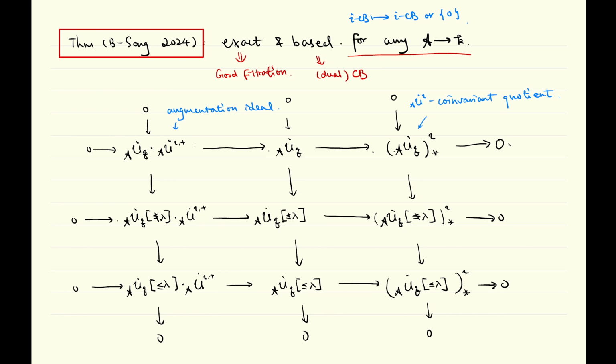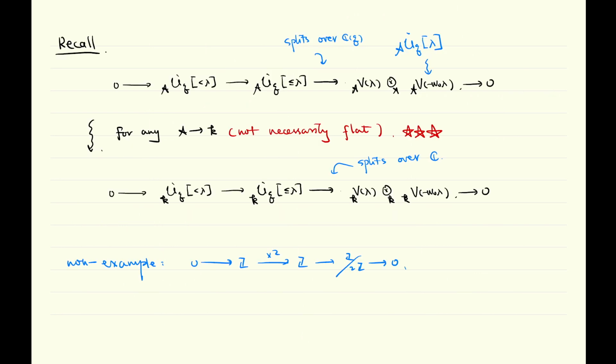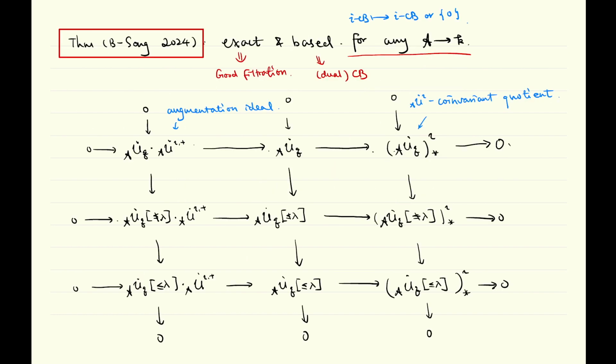We have a very big commutative diagram that is both exact and based. The exactness shows that we have a good filtration, and the based property shows that it is based under any base change. That's just the analog of this theorem. I'm not going into detail, just giving you the flavor, because the precise definition would take too much time.